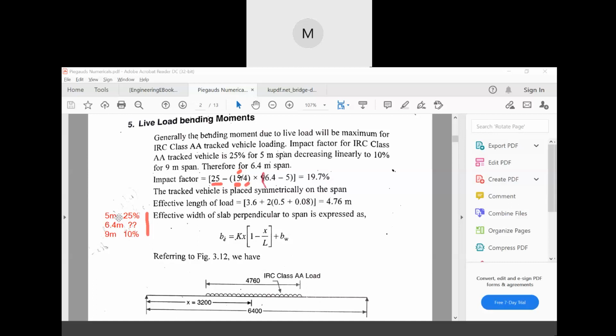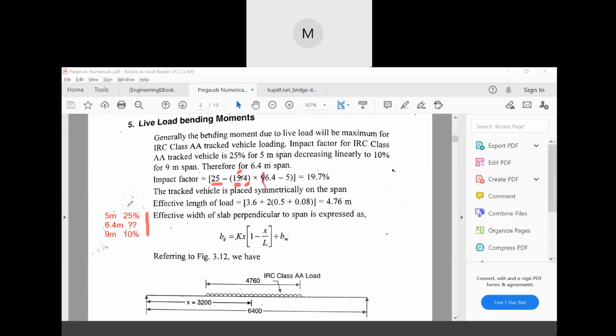That means, if you see here, in order to find out for 6.4 meter, this is basically the expression.